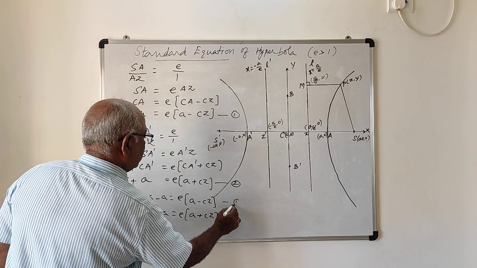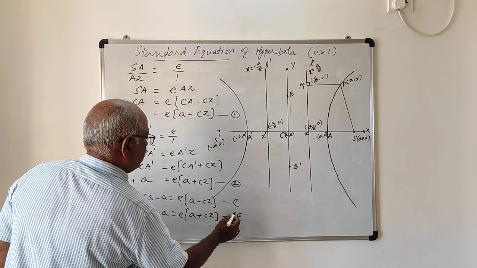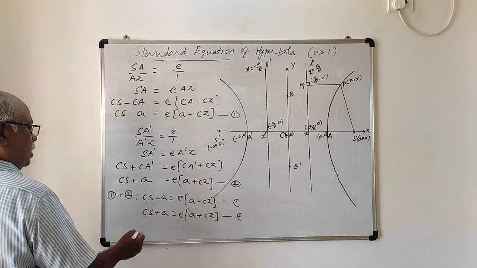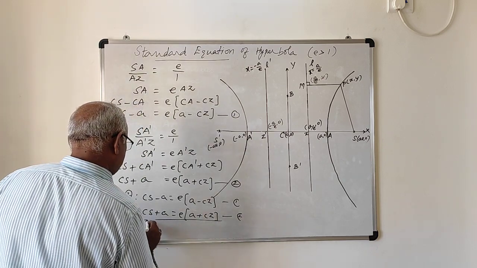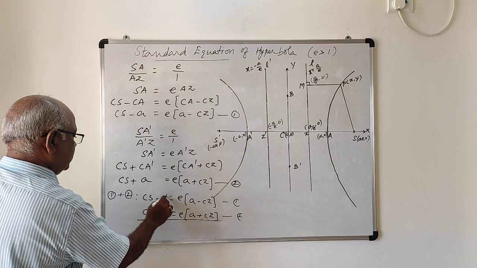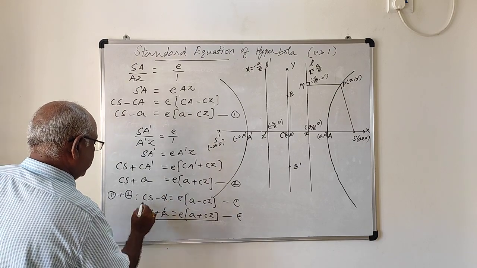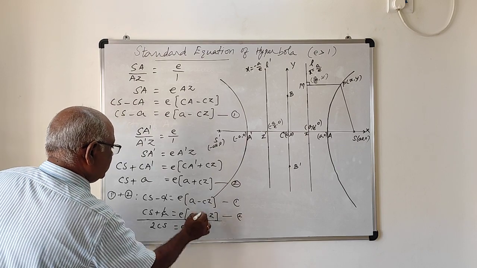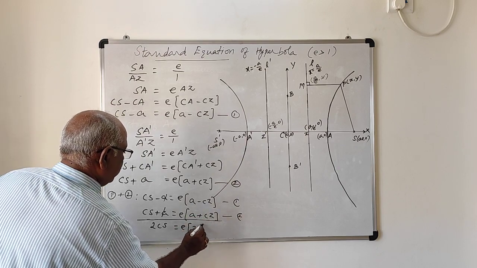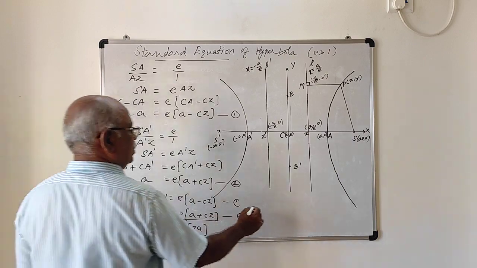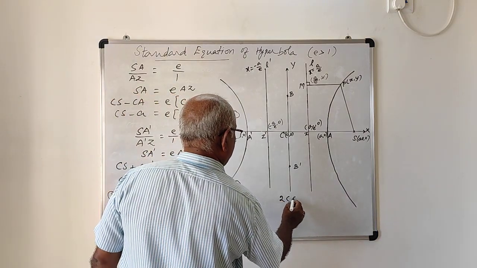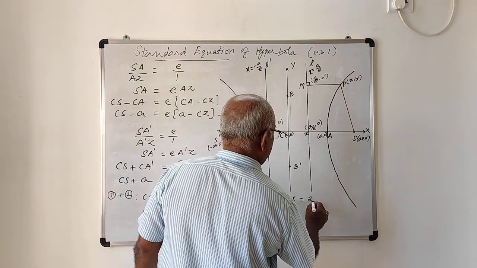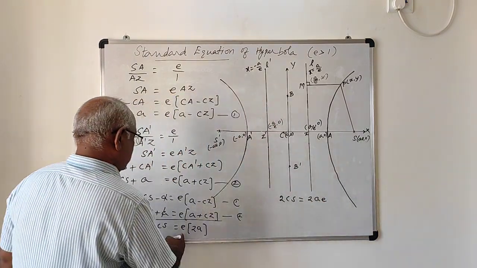Adding these two, a cancels on the left and CZ cancels on the right, so 2CS equals 2ae.